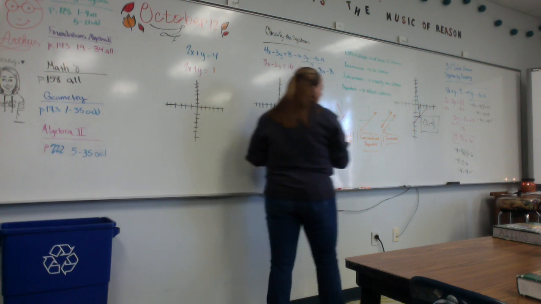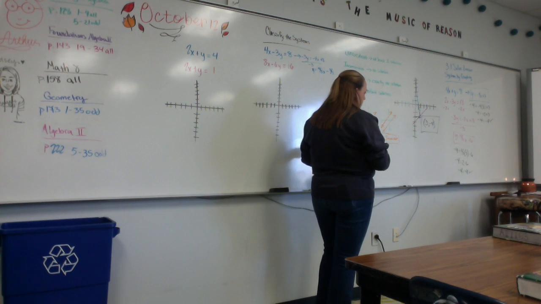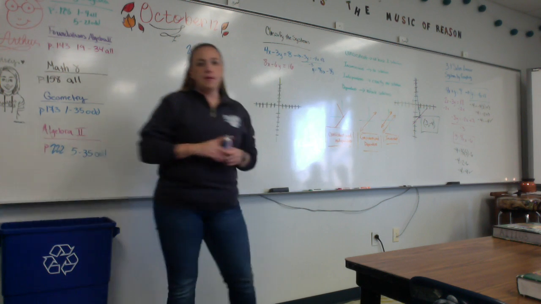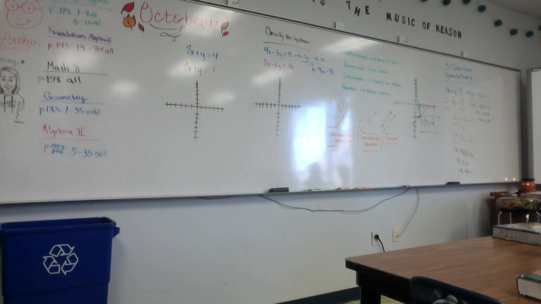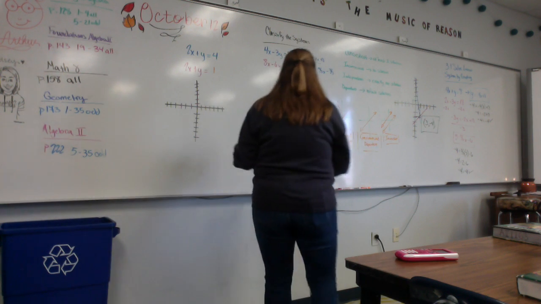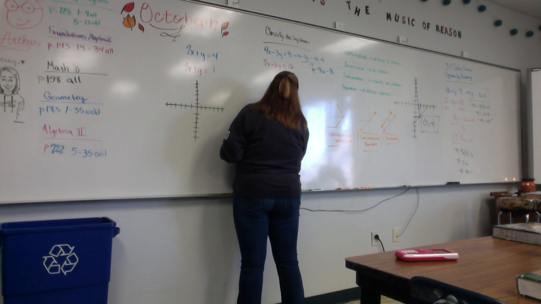If I graph that, 8/3 is what? 2 and 2/3, right? If 8/3 is 2 and 2/3, then I start with my y-intercept, negative 2 and 2/3, somewhere around there.